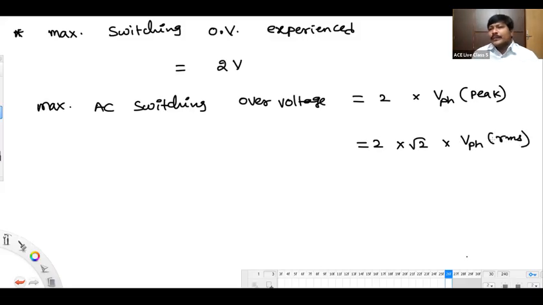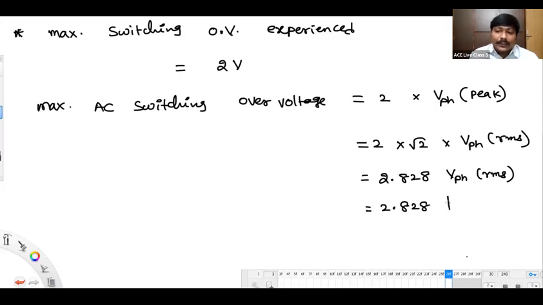So it is 2.828 per phase RMS. Sometimes we call this 2.828 per unit. In the per unit domain, you can write it as 2.828 per unit.